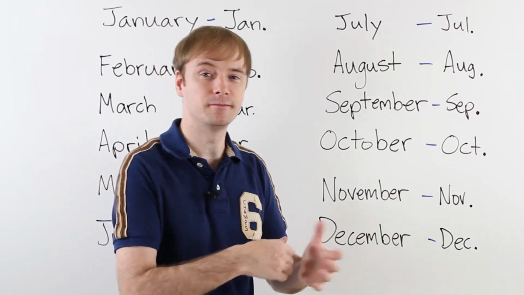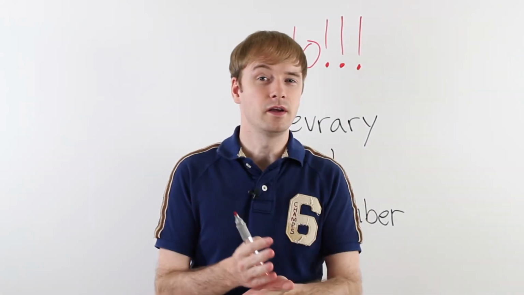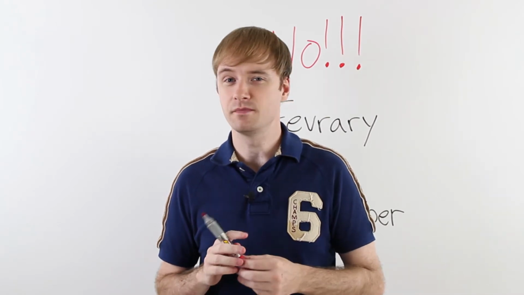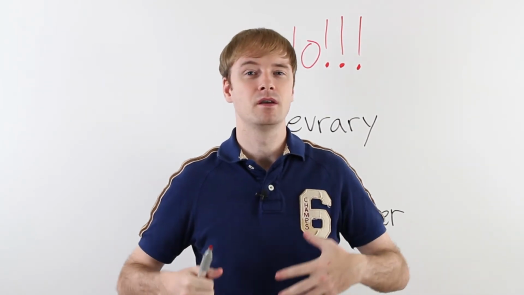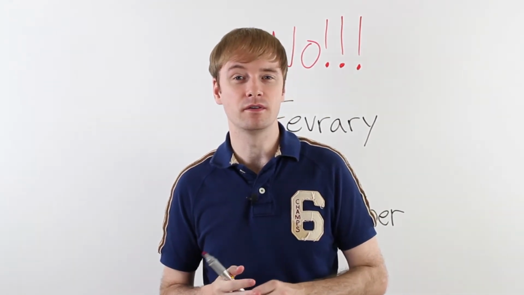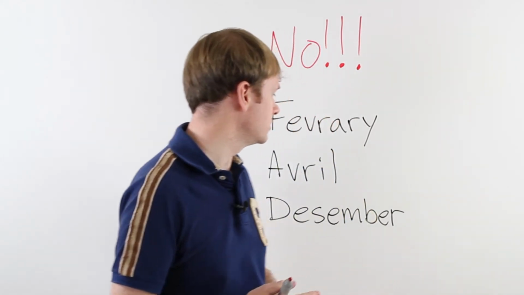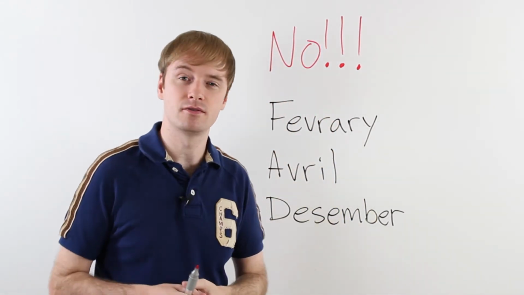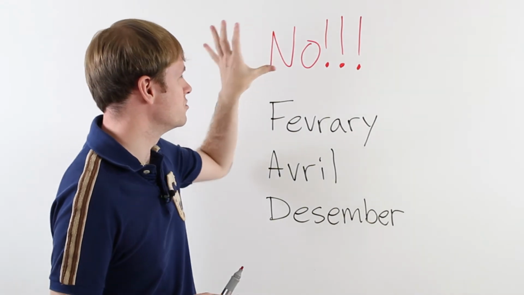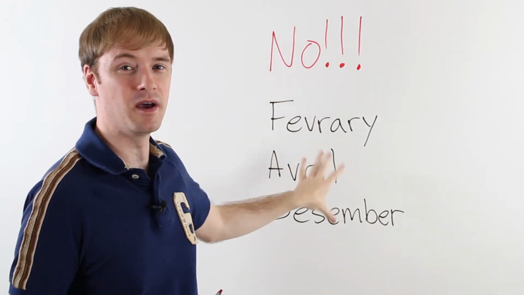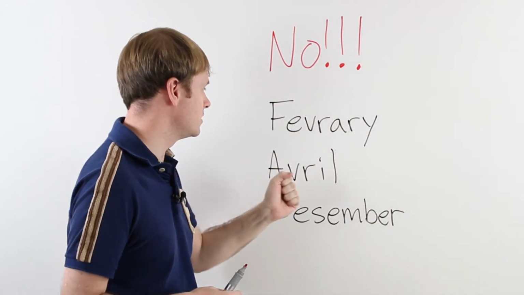We're at the end of the video, but before I go, I want to talk about some mistakes again. Please be careful with your spelling. Let's take a look at these 3. These 3 are very common. Don't spell these words like this.